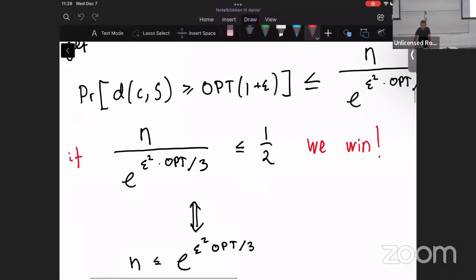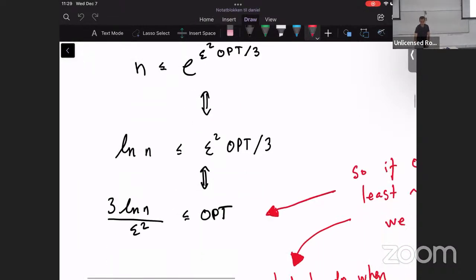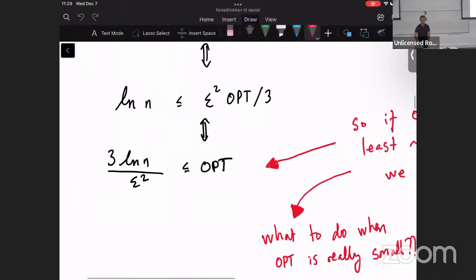Well, we need n over e to the epsilon square opt over 3 to be at most 1/2, multiply by the denominator, take logs on both sides, and you end up with something like this, that opt needs to be at least 3 times log n over epsilon squared. There's nothing interesting happening here, just math.